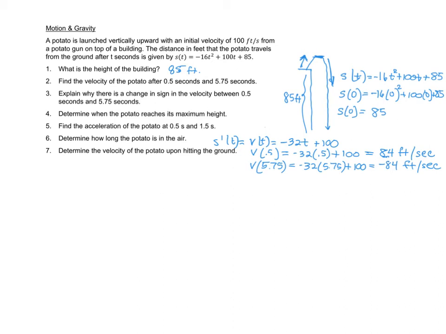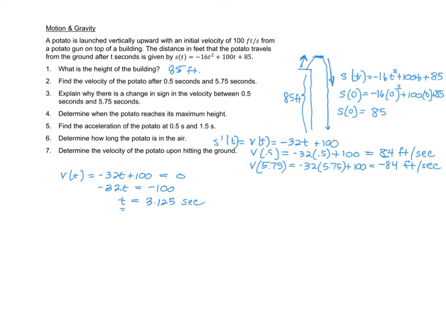So let's set the velocity function equal to 0 and solve for t. And I get 3.125, and the units are seconds. So at 3.125 seconds, it reaches its maximum height.